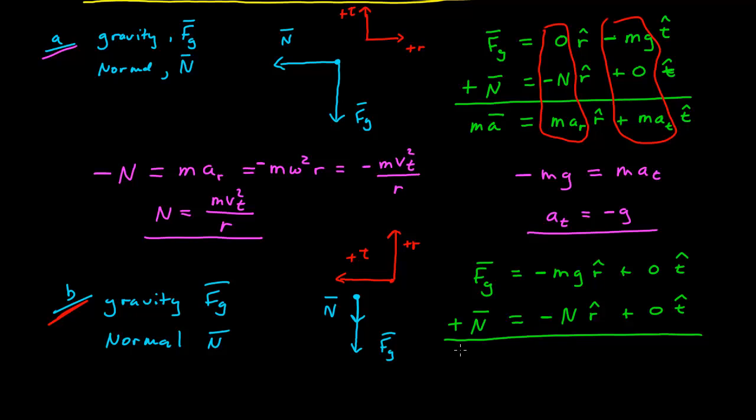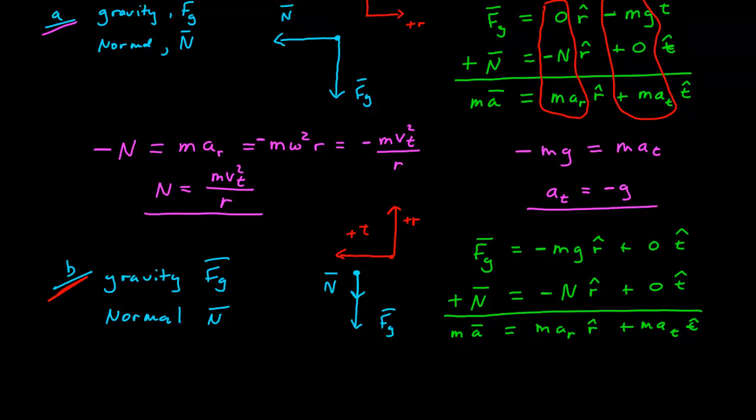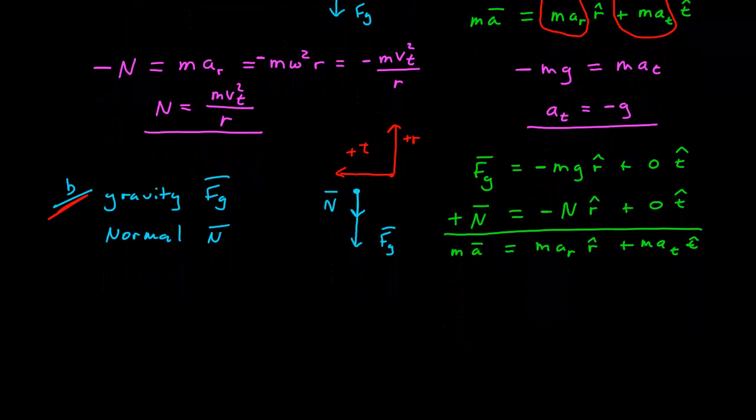So I vector sum the forces equal to the mass of the object times its acceleration, and this is now the mass times the radial acceleration plus the mass times the tangential acceleration. So in this case, what have we learned?